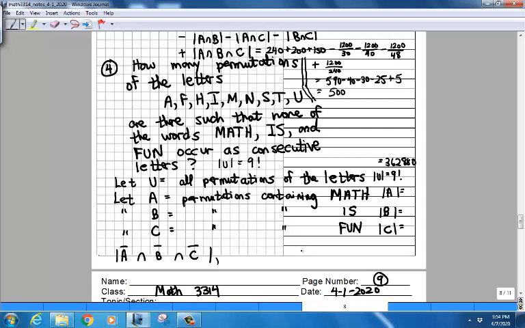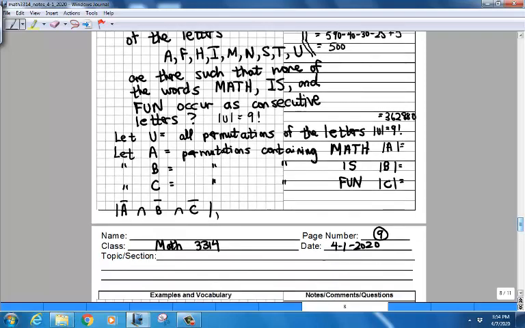Now, I want to point out before I compute the cardinality of A, B, and C in just a second, because we'll need that, and these cardinalities are easy to compute. We're very skilled at computing sizes of permutation sets.